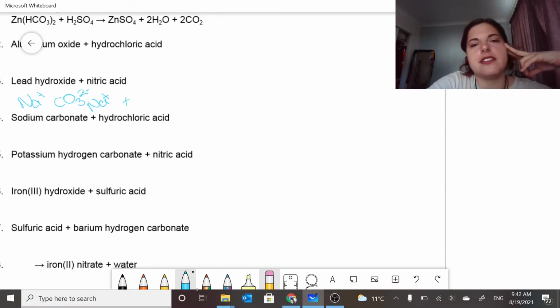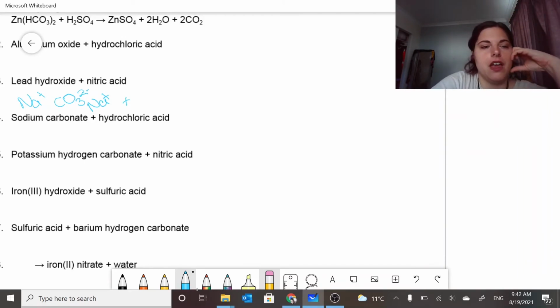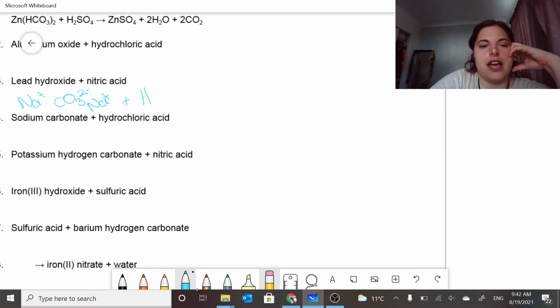Plus, this is the stuff that you would write in pencil or just cross out and not leave in your final answer, just to clarify. Plus hydrochloric acid. This is our HCl. And again, it's a 1-to-1. Goes forth, and it is a carbonate.